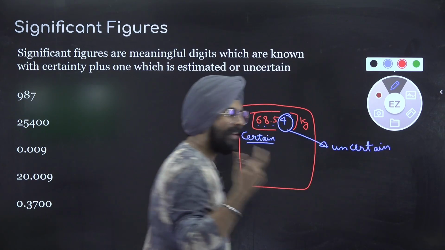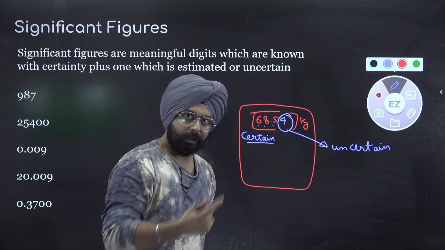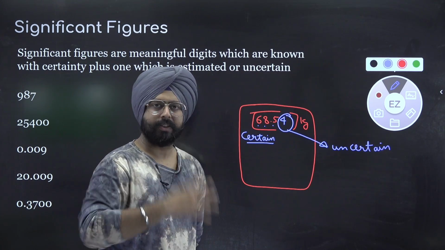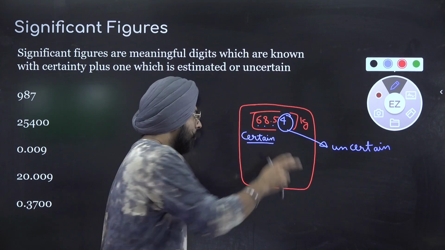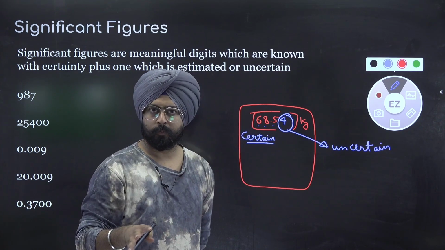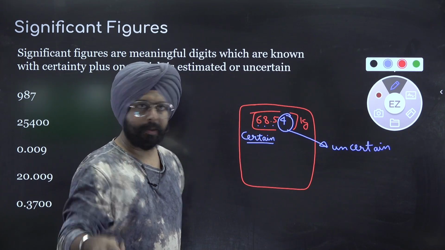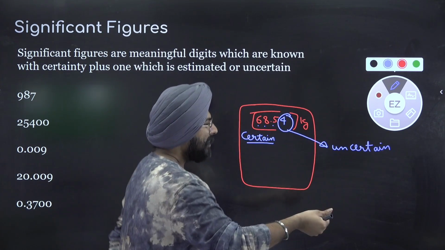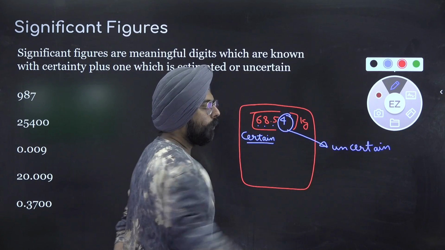When I am measuring the physical quantity of the human body, that is mass, mass is the physical quantity, yes. That's what this machine is measuring for you. That comes out to be 68.5 certainly plus an uncertain digit, that is 4.